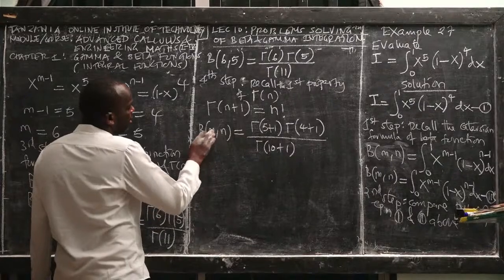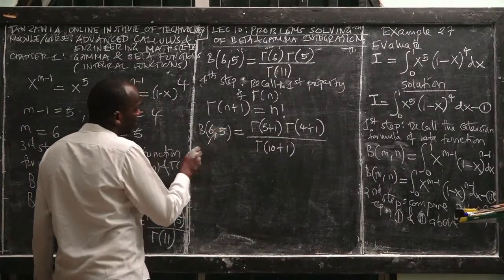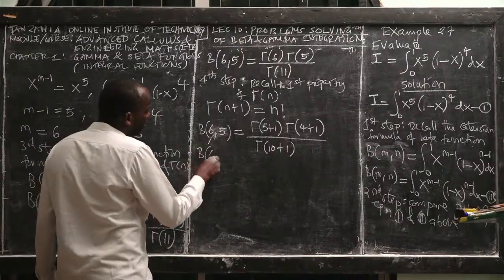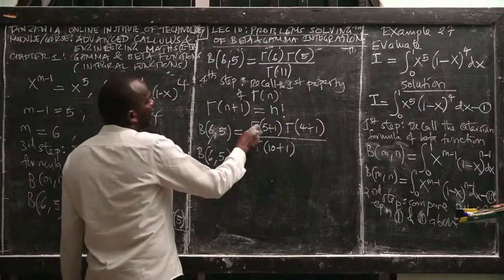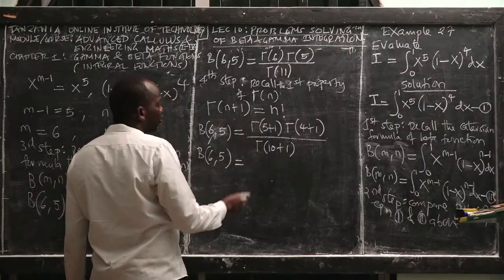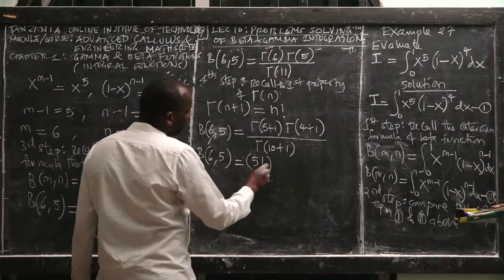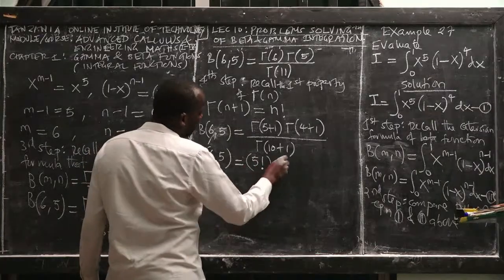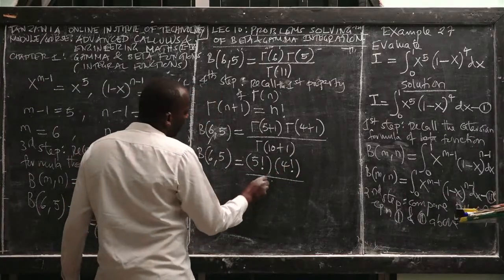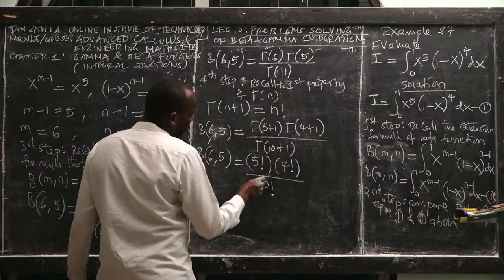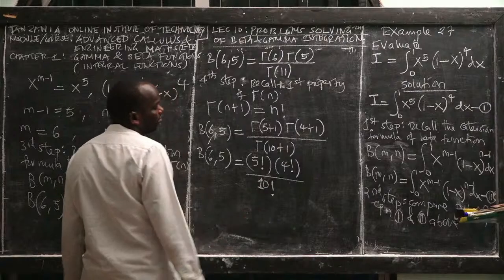So beta of 6 comma 5 is equal to what? Gamma of n plus 1 is equal to n factorial. So here we are going to have 5 factorial multiplied by 4 factorial, then divided by 10 factorial. You may use a scientific calculator to find them quickly, or you may use the simplification.